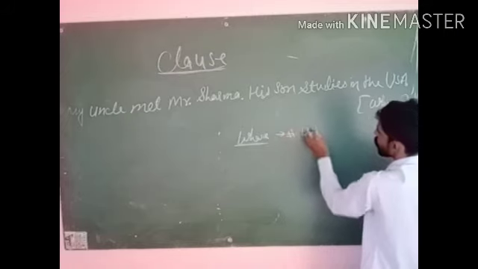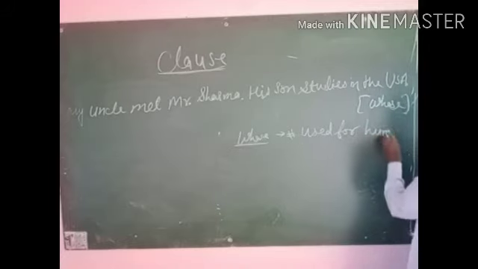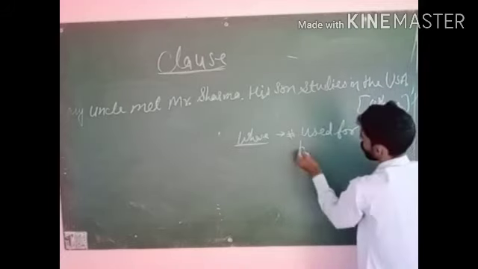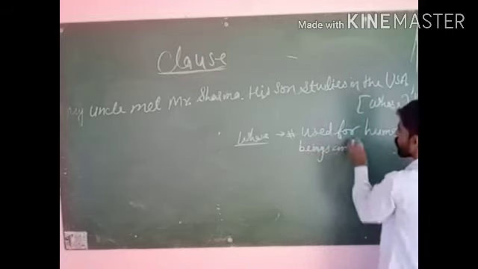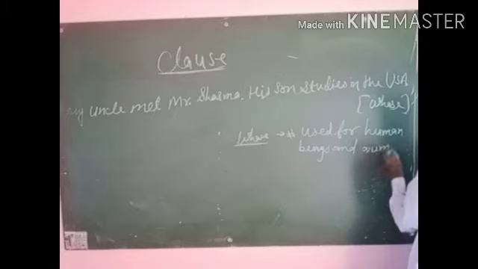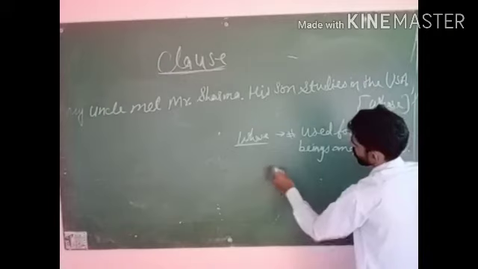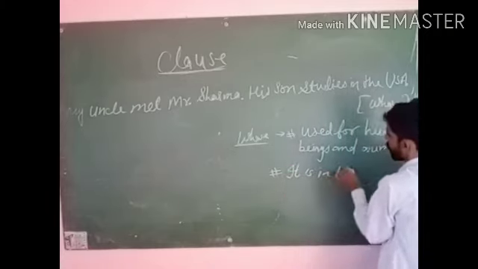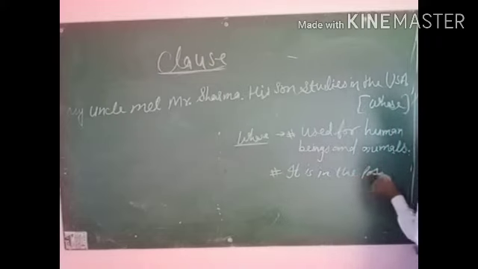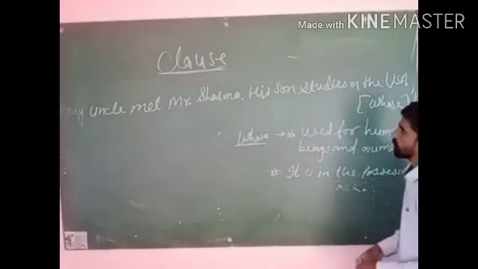This is used for human beings and animals also. So this structure can be used for human beings and animals as well. Second thing, it is in the possessive case, which means it always shows a relationship or possession of something.